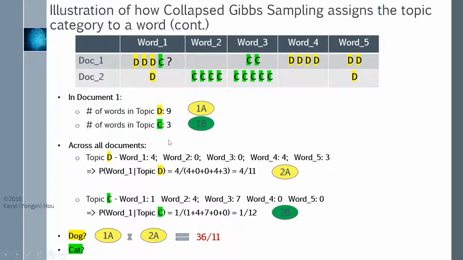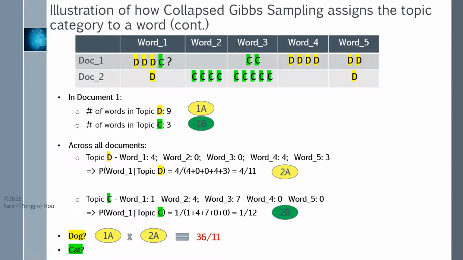Should dog be the category? What we do is take this number times this number, which gives us 1A times 2A, and 9 times this number, basically giving us 36 over 11.